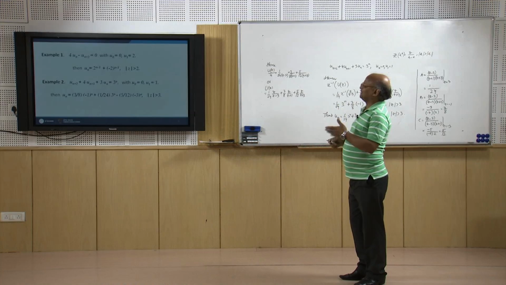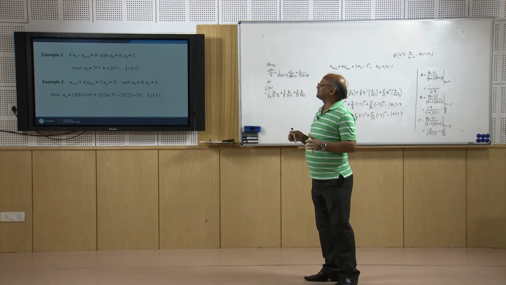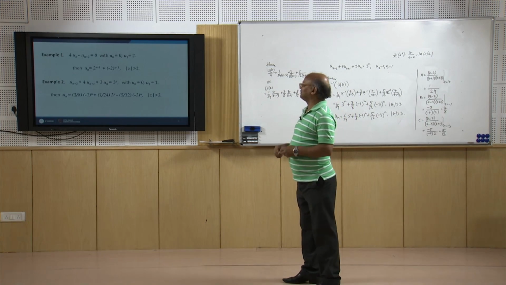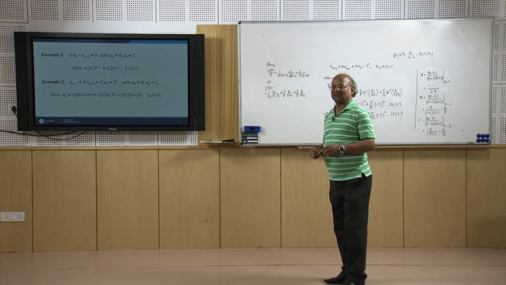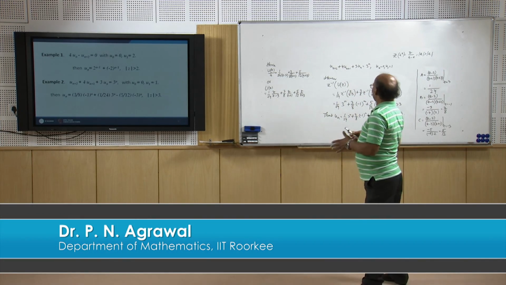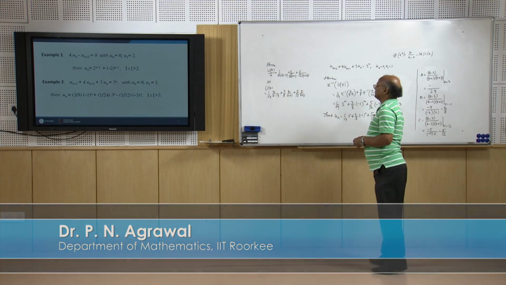By taking the Z transform, it takes care of the initial conditions. We do not have to use initial conditions after we have found the solution, like we do in the classical approach. So, this is how we apply the Z transform technique.